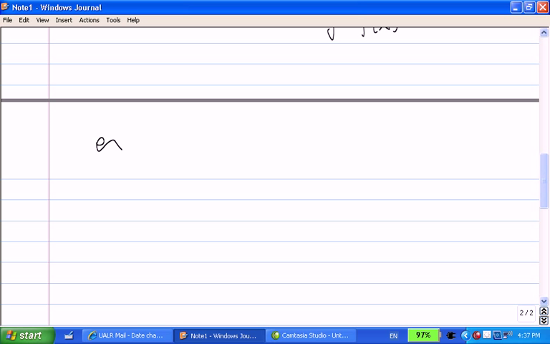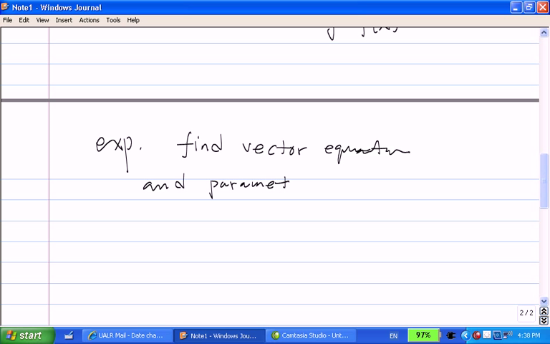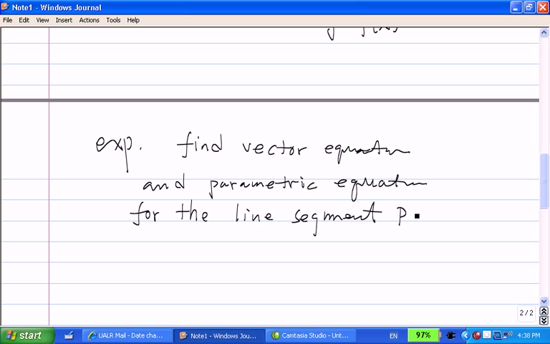Okay, now let's look at another example. In this example, we want to find the vector function, or vector equation, doesn't matter, and the parametric equation for the line segment between the point P and the point Q. P here is 1, 0, 1.